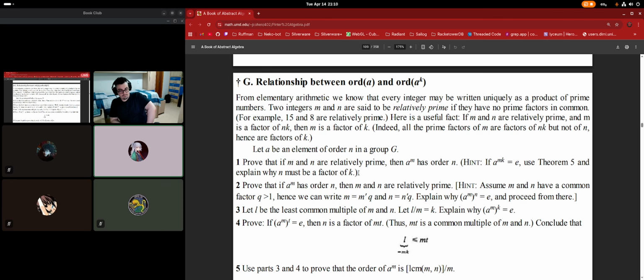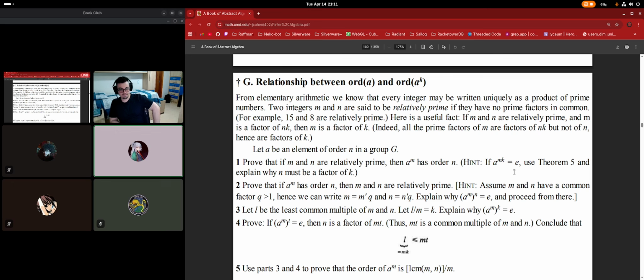Yeah, but k could be a multiple of the order, it could not be the order itself. You don't know anything about the order. This is just an equality. You don't know if this is the least amount. Oh, yes, this is an equality.